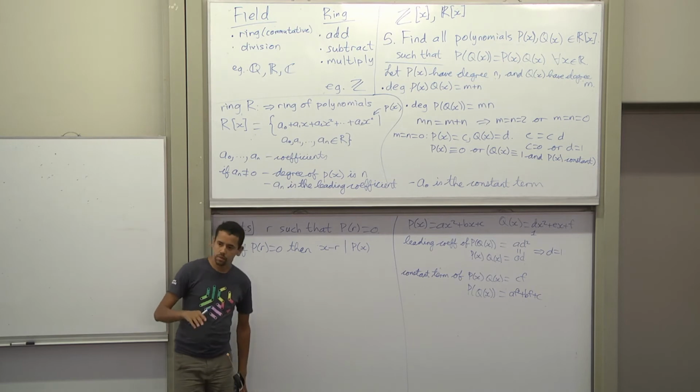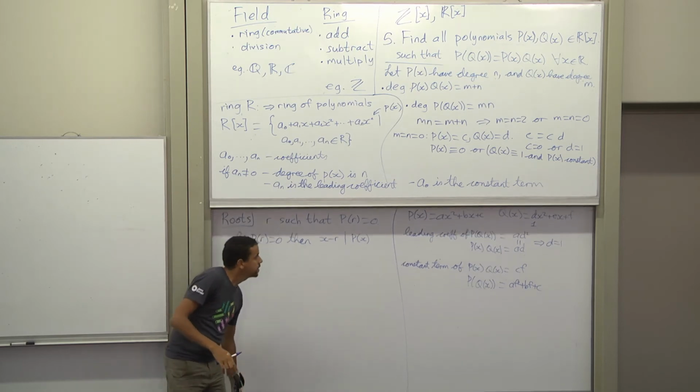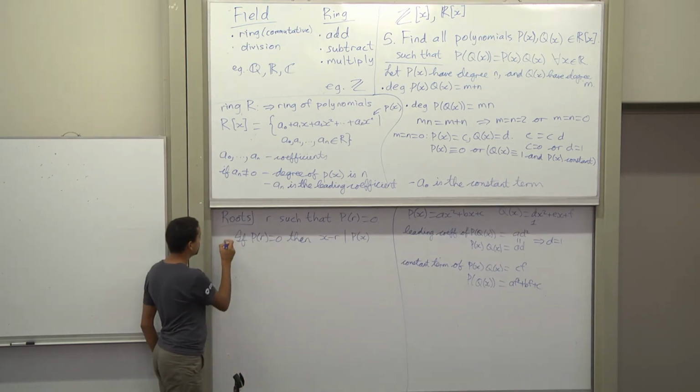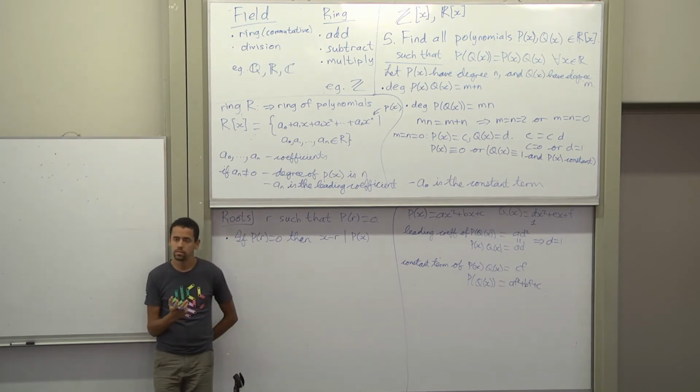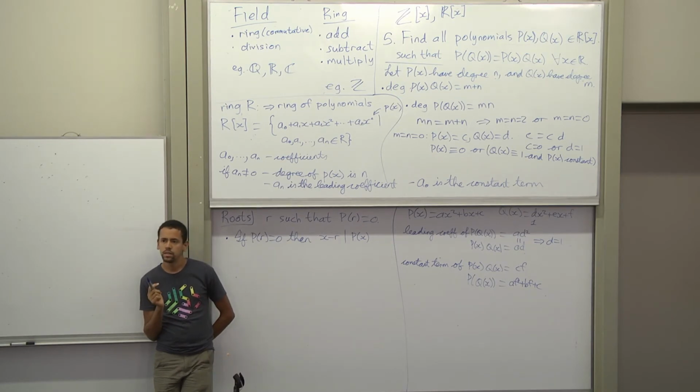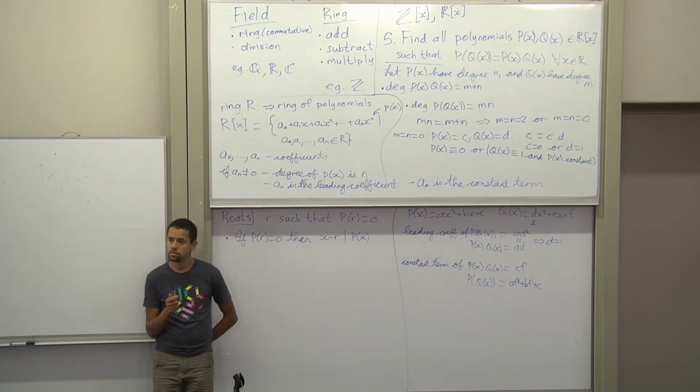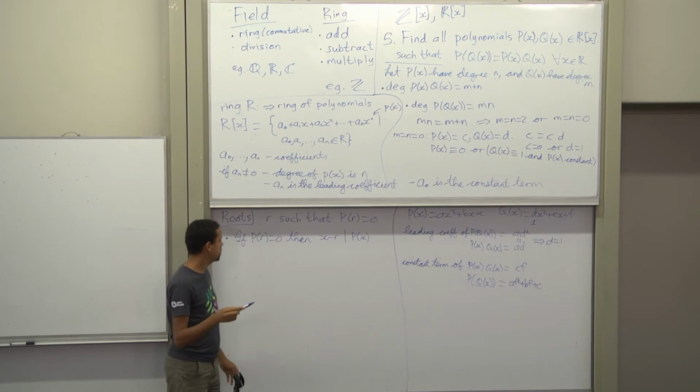So a lot of it works the same. So this is a special case of another result which you may find familiar as well. Have you guys done Euclid's division algorithm for natural numbers or for integers in general? So this is pretty much the same.